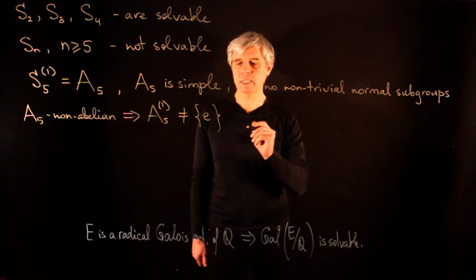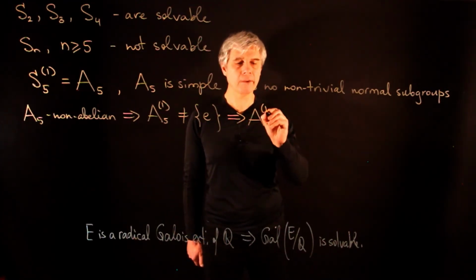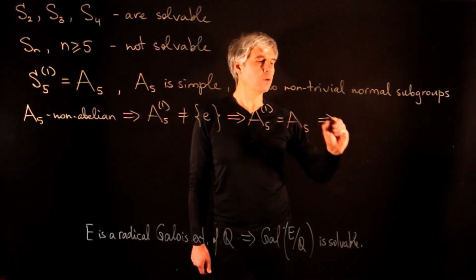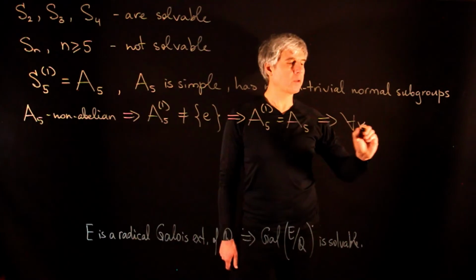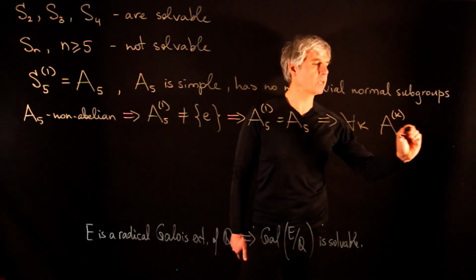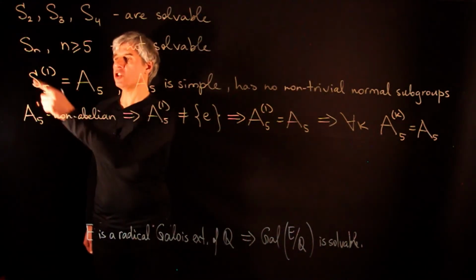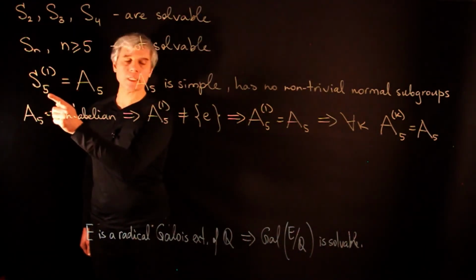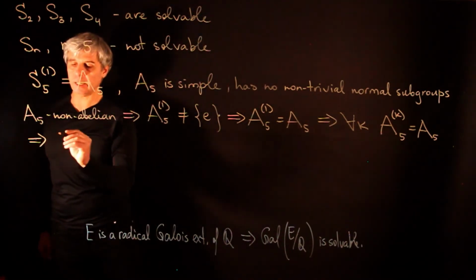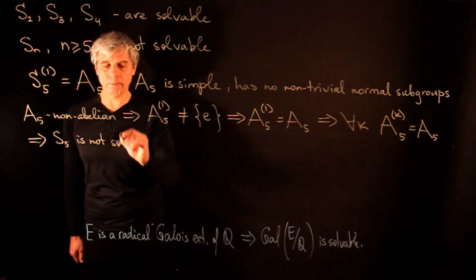And because it's simple, this implies that the commutator subgroup of A5 is itself. But then, for all k, the kth commutator subgroup of A5 is A5 by induction. So this tells us that the chain of commutator subgroups of S5 does not descend to identity. And this tells us that S5 is not solvable.